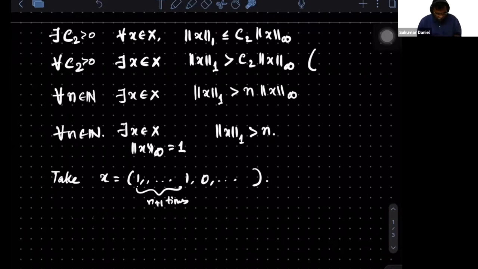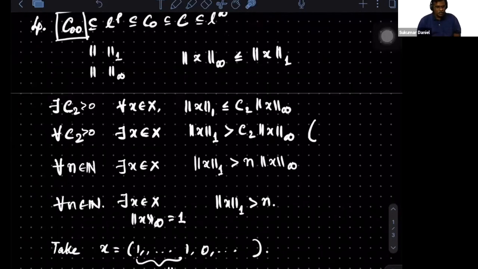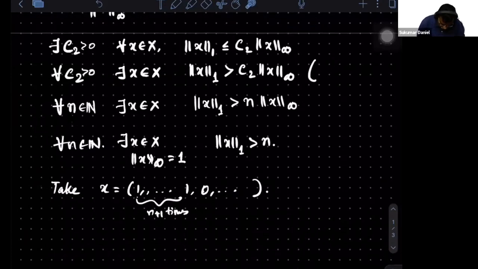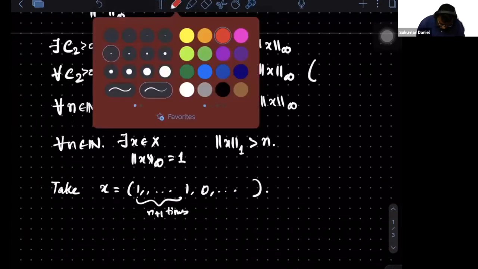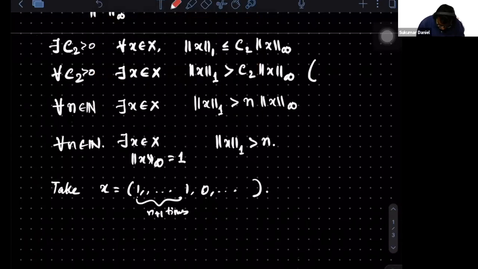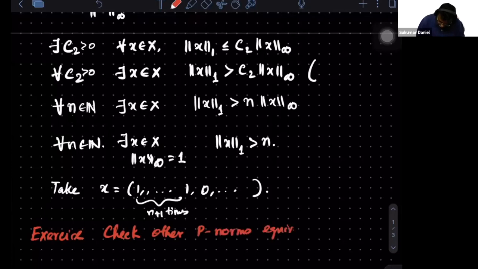Now I will urge you to check what happens to other norms. You can take one norm, two norm, p norm, one norm with p norm, one norm with infinite norm. Those are all exercises. So I'll write: check other p norms equivalence.